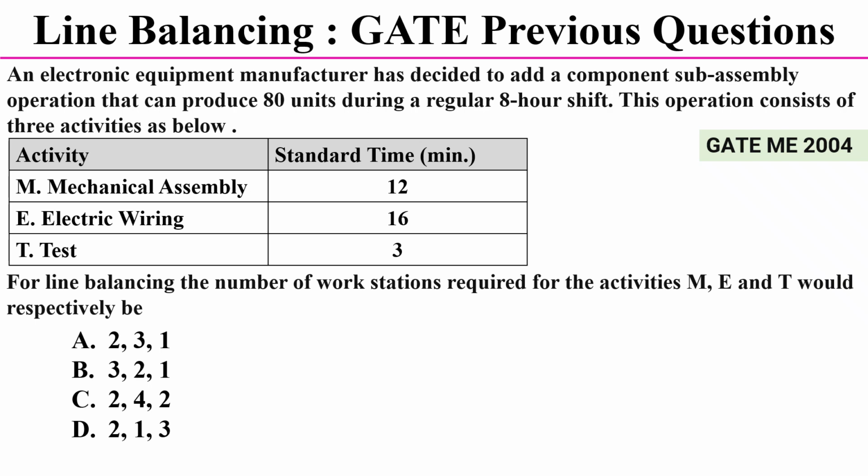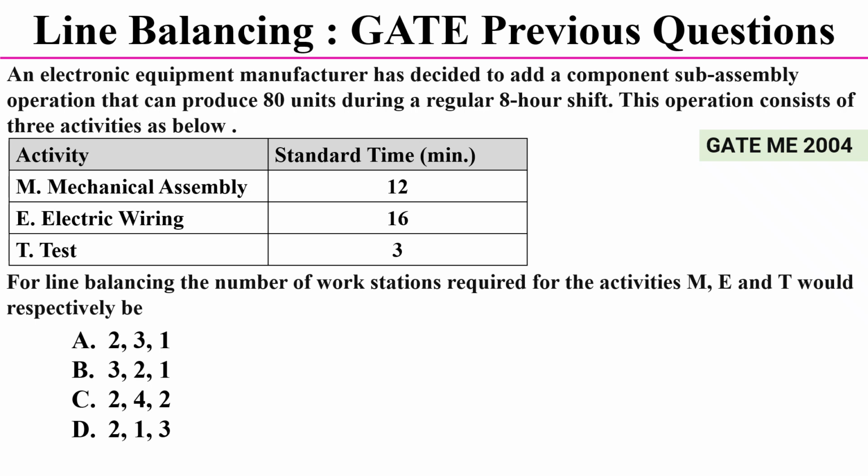Activity E, electric wiring, standard time is 16 minutes. And activity T, test, having the standard time of 3 minutes. For line balancing, the number of workstations required for the activities M, E and T would respectively be: option A 2 3 1, option B 3 2 1, option C 2 4 2, option D 2 1 3.